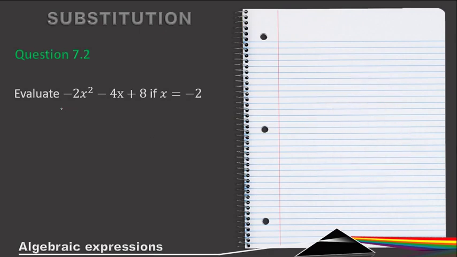Okay, so evaluate this one if x is negative 2. So we're going to substitute in my negative 2 here and here. Now I have minus 2, then negative 2 squared, minus 4 times negative 2, plus 8.